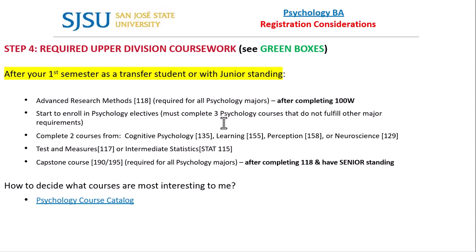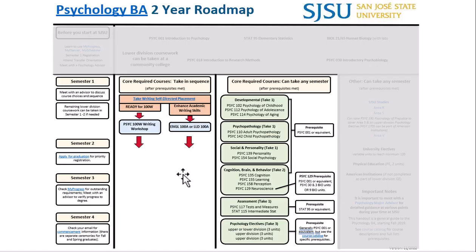I've talked about this in a prior presentation about the Bachelor of Arts degree in psychology, to give you an overview of that. But here, just very quickly, a psychology elective is any psychology course that you did not use to fulfill other major requirements. So let's go back to the figure here and I'll show you what I mean.